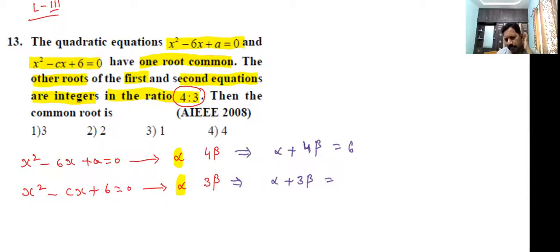Or instead of beta, we can take alpha also: 4 alpha, 3 alpha. We can write here, alpha plus 4 alpha is equal to 6. Then what is alpha? 5 alpha is equal to 6, alpha is equal to what, students?